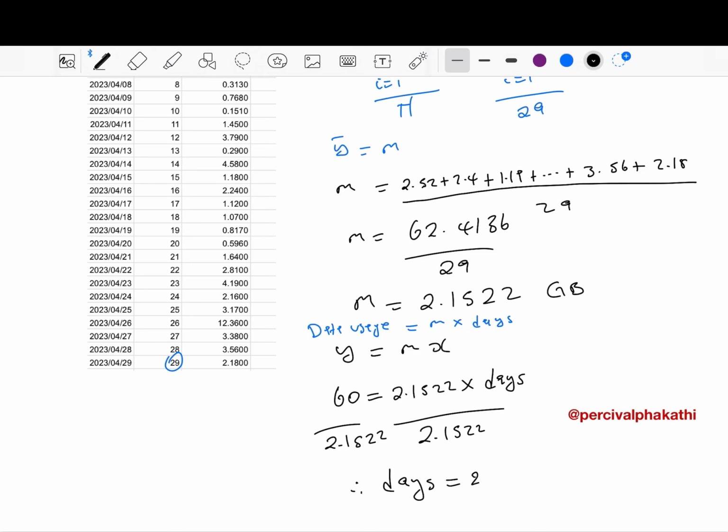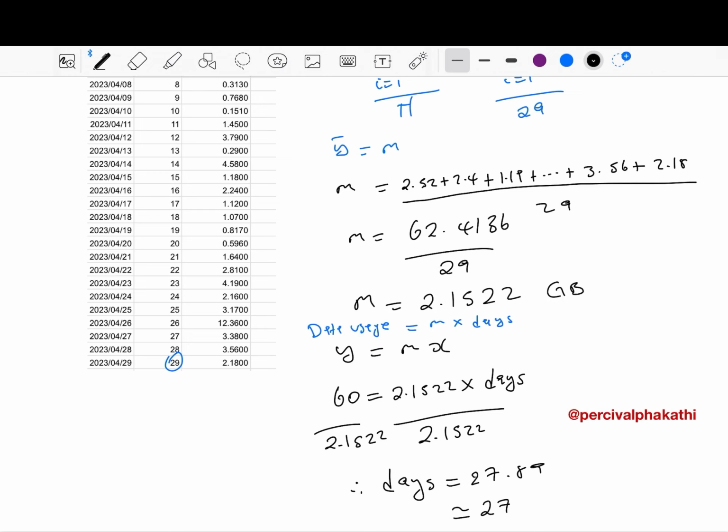So you're spending 2 gigabytes daily. So on the day 27.87, 0.89, because of course we're talking about days here. So you can say, okay, I'm going to run out of data on day 27. Day 27 or day 28, depending if you want to round down or round up, depending on use case.